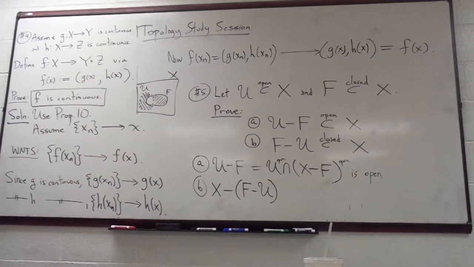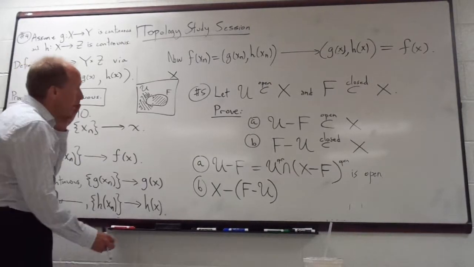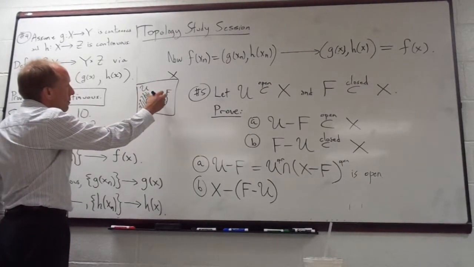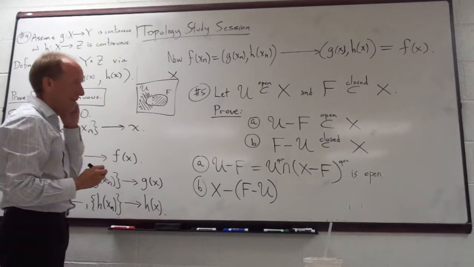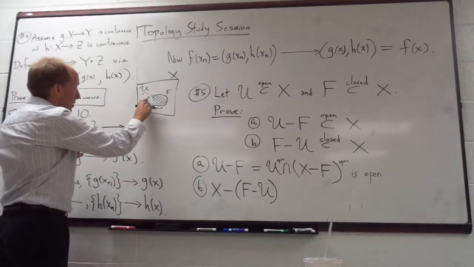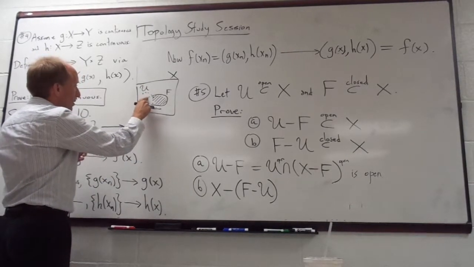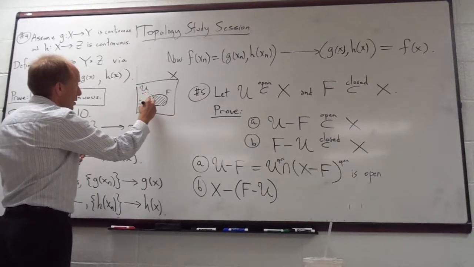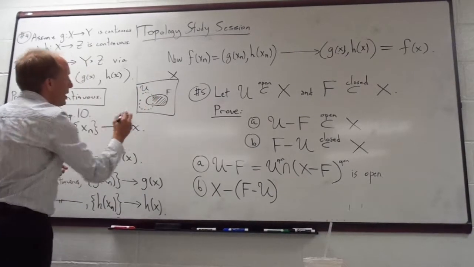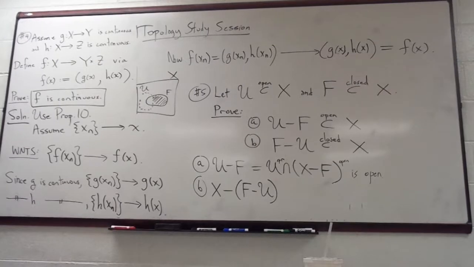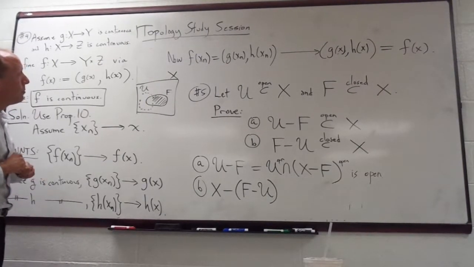So what is that anyway? Well, that's going to be everything outside of this shaded region. Sorry, let me get rid of this shading here. So if I take the complement of what is currently shaded in, what am I going to get?